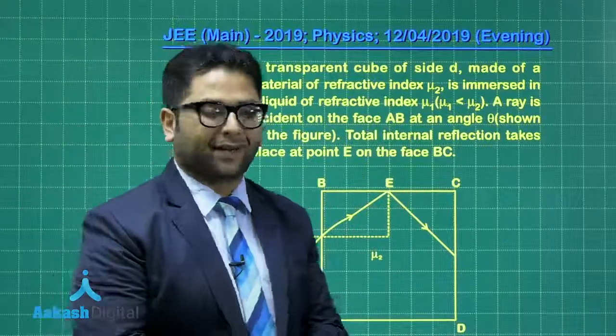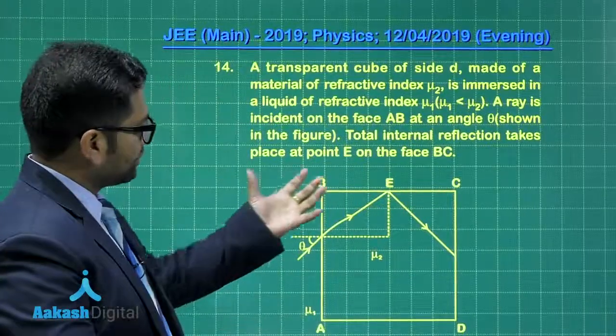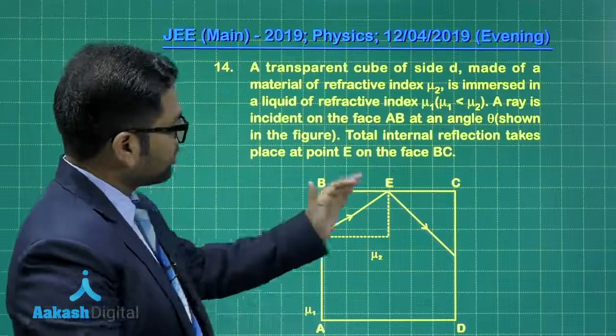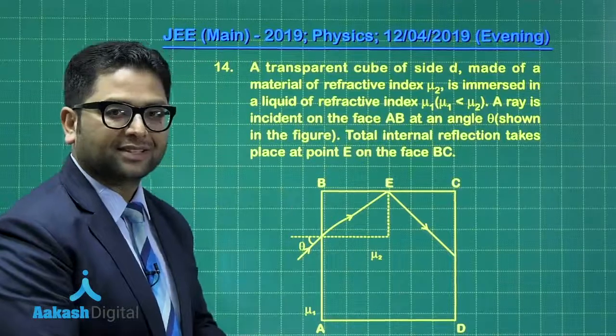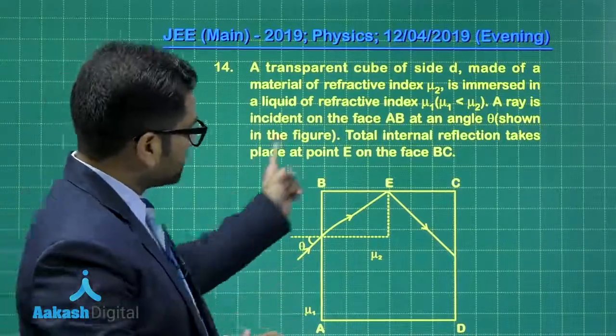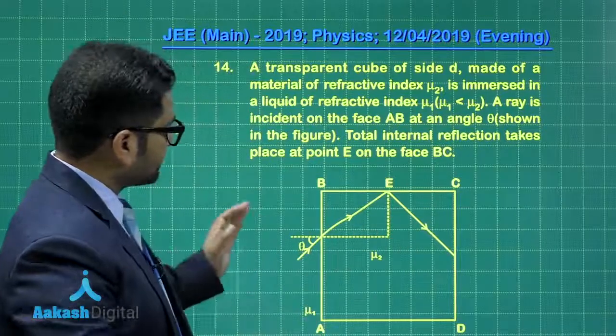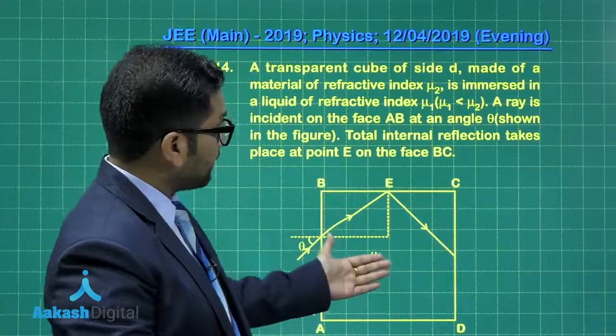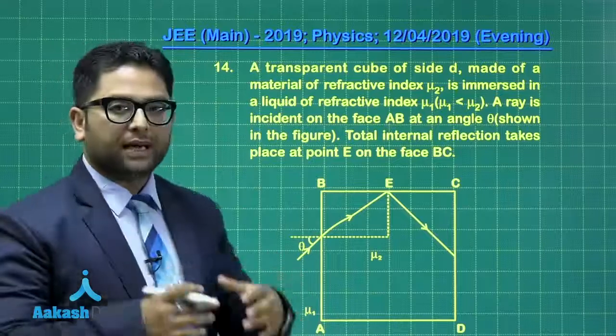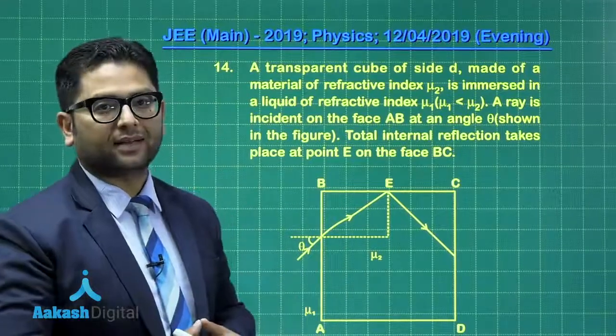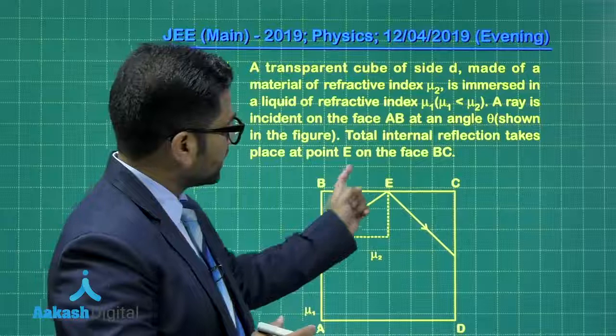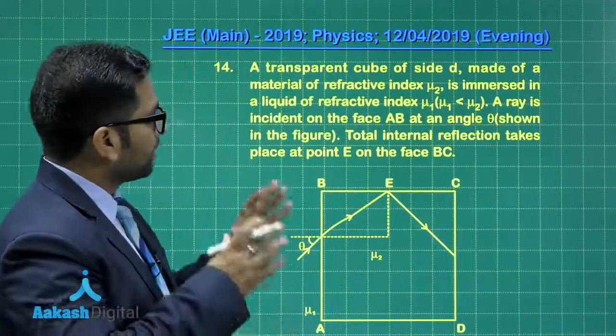14th question I have here, and you see the figure is very clear, something related to total internal reflection. The outer medium is of refractive index mu1, and this is made up of refractive index mu2, and mu2 is greater than mu1. And therefore, there is a total internal reflection happening. But what is the question?